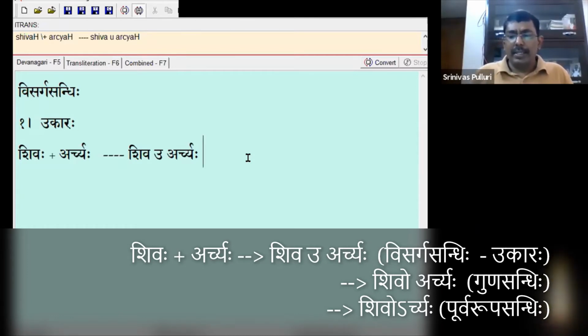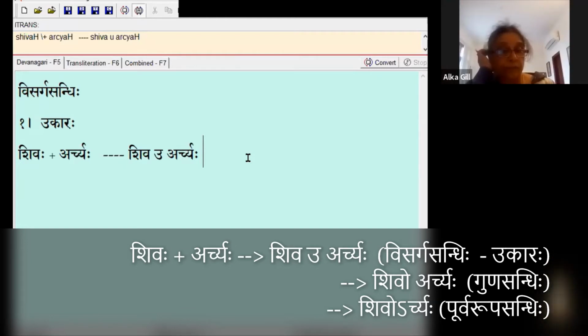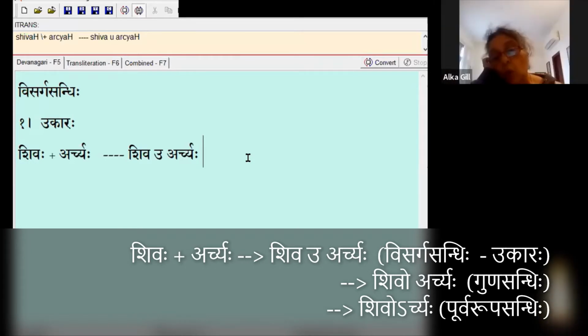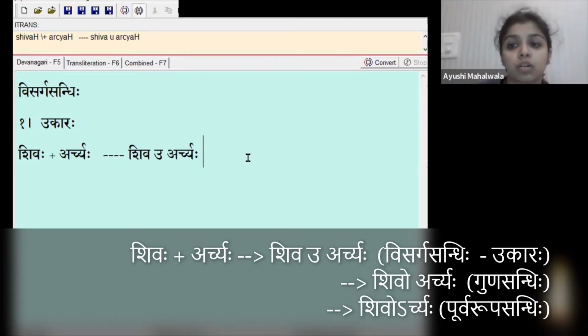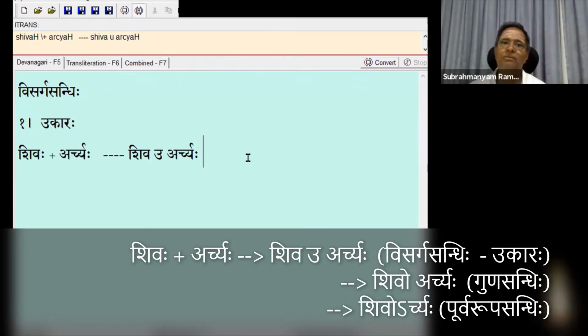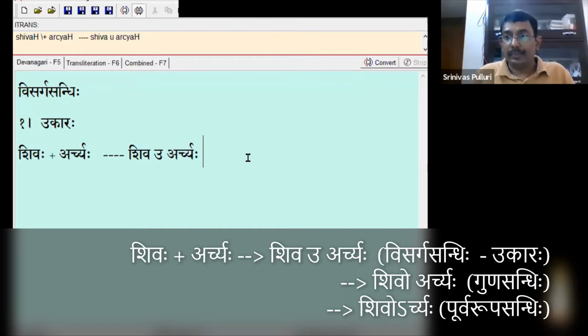You can also leave it as it is, but here one more sandhi is following. Can you guess what the other sandhi is, based on your hach sandhis? U and A. U plus A equals U. Gunasandhi. Before that, there is something else also. A and U also is there. O and A becomes O. So what does A plus U become? O. Very good. This is a gunasandhi. Now A plus U is going to become O.